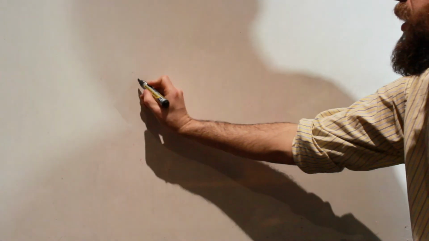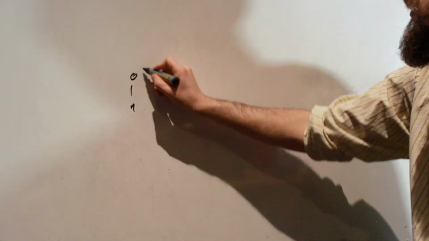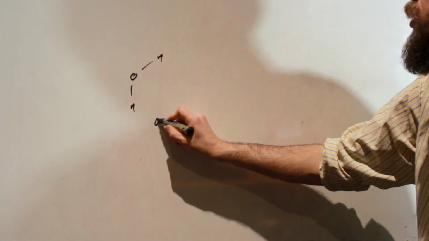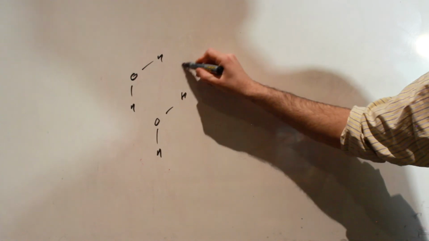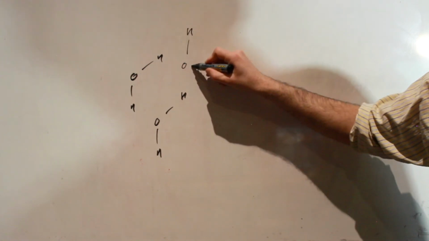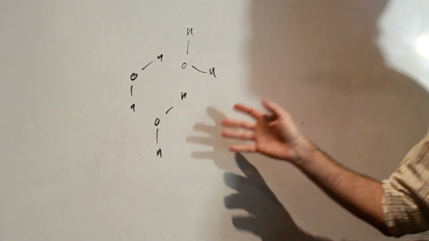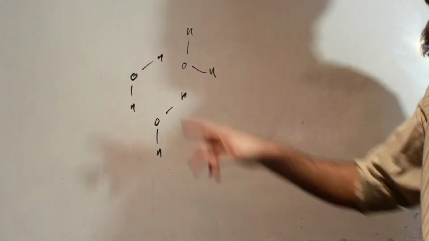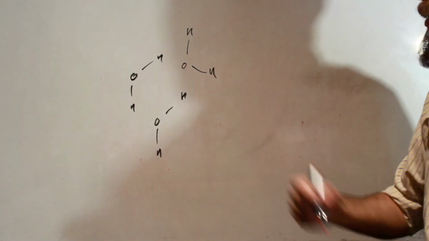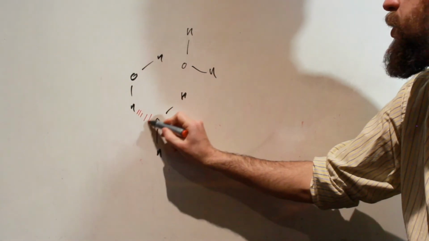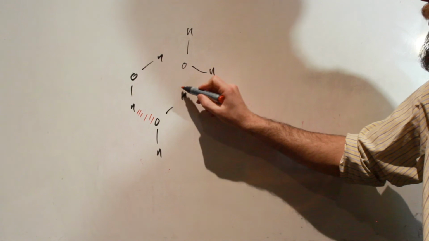So if I were to draw this, we could have an oxygen with a hydrogen there, and then an oxygen with a hydrogen there, a hydrogen there, and then we could have an oxygen with a hydrogen there, hydrogen there. I'm not going to worry about filling in all the delta positives and negatives. We know that oxygen's always going to be more delta negative, but we essentially get hydrogen bonds between the oxygens and the hydrogens with the lone pairs that are present.